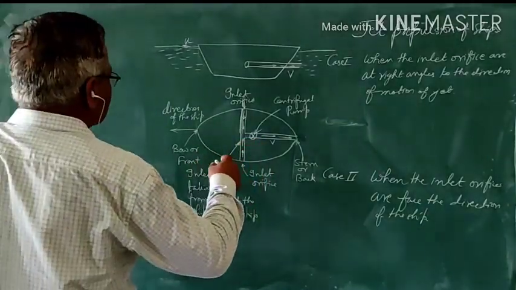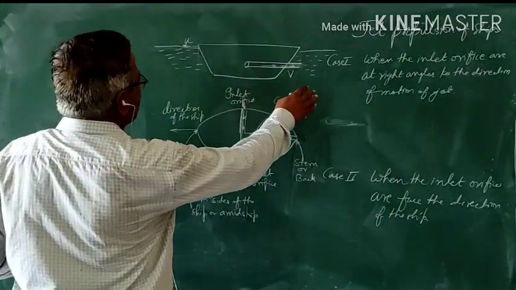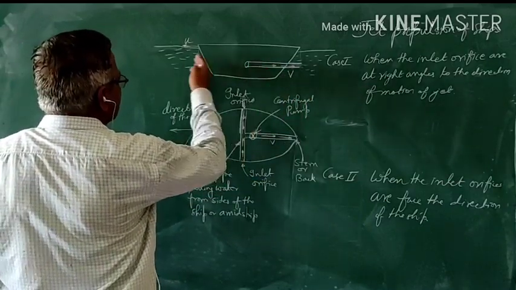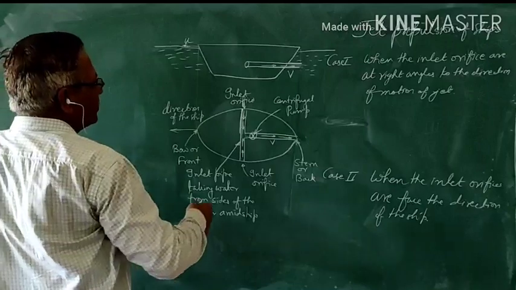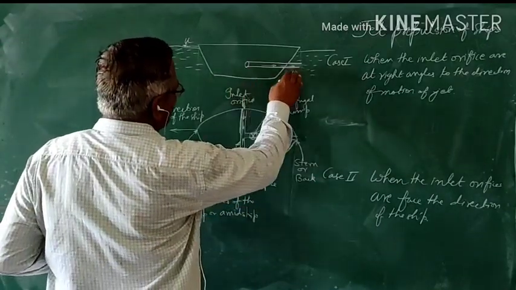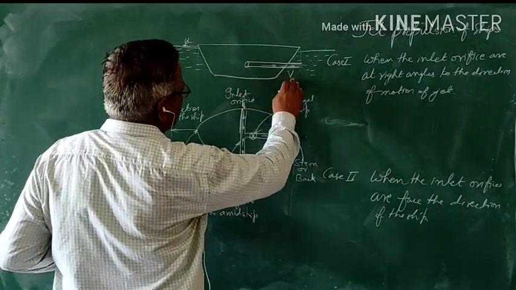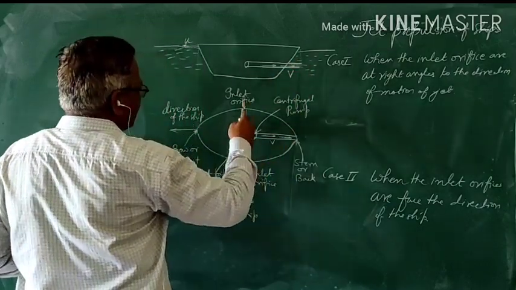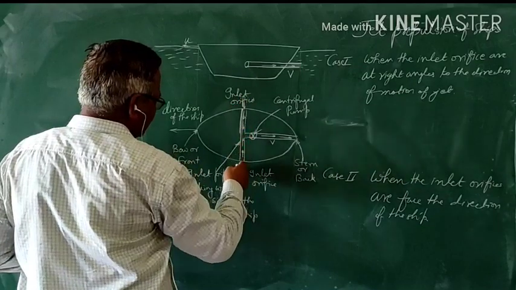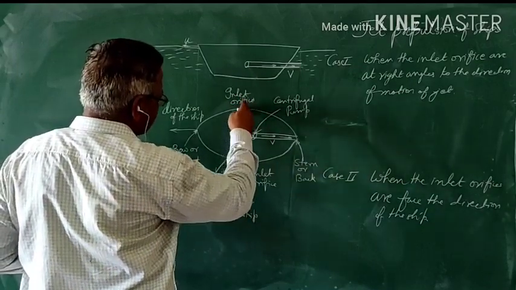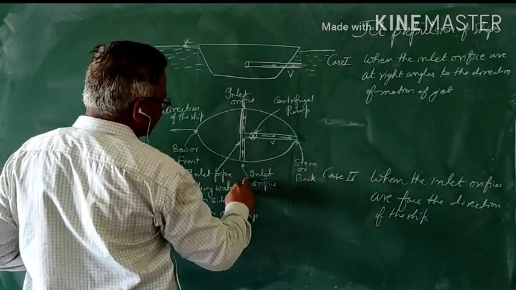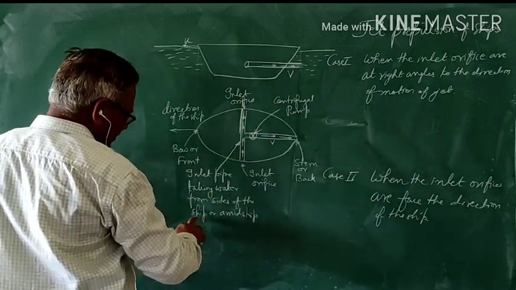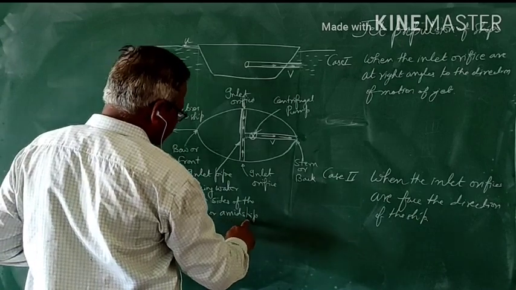Here in case 1, the ship is moving from right to left with velocity u, and the jet is going out with velocity v in the water. The water is taken from the sides at the center point of the ship, which is known as the inlet orifice.